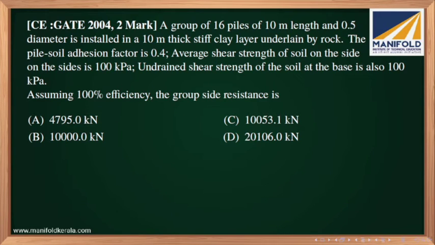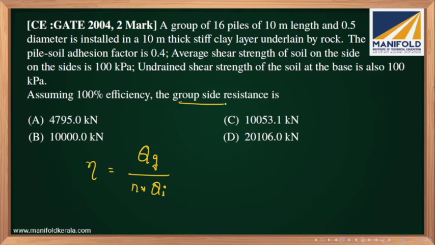For the same question, second bit. Assuming 100% efficiency, the group side resistance is dash. So what is efficiency? Efficiency is equal to load carrying capacity of a group pile divided by N into load carrying capacity of the individual pile.